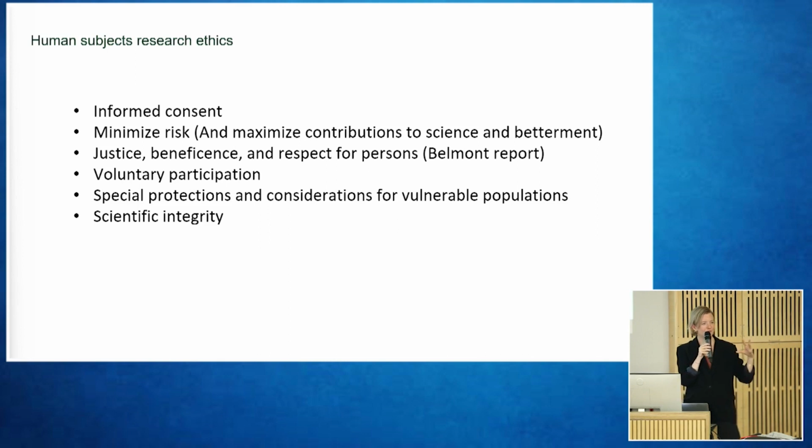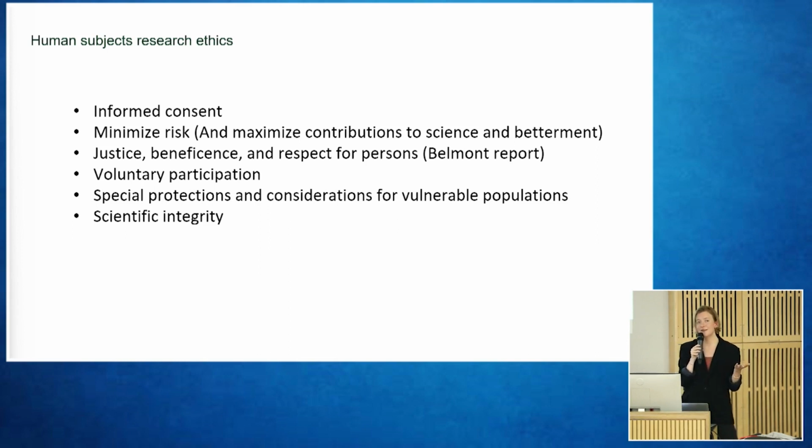There's also the Belmont Report, which established 3 important ethical rules for human subjects research, which is justice, beneficence, and respect for persons. These are all actually specific elements of ethical research, and you have to be trained and address each of these elements if you're going to be approved to do such research.